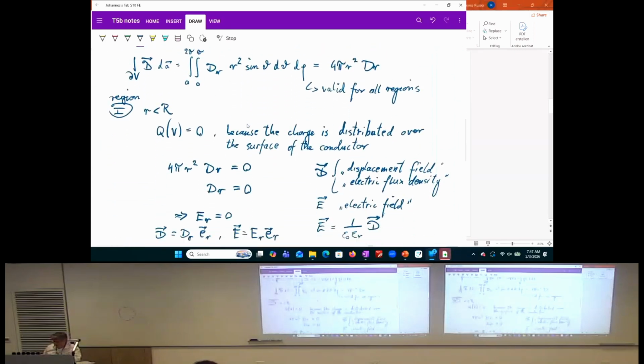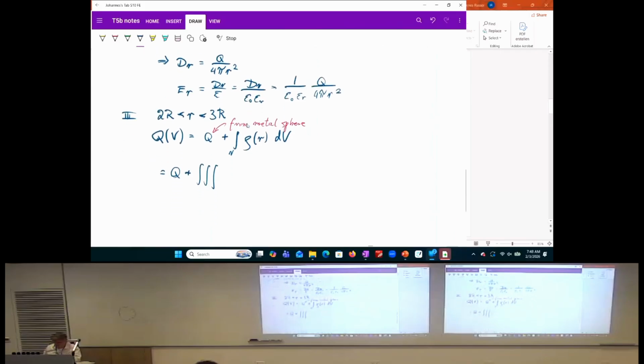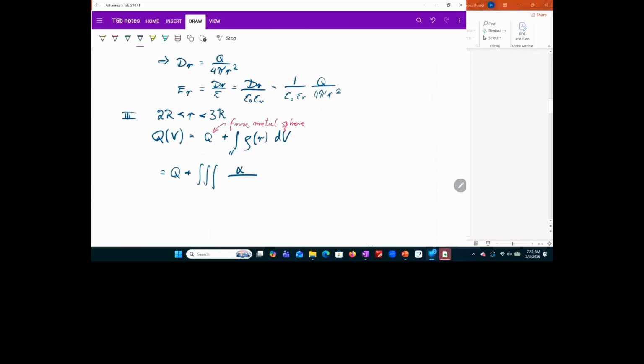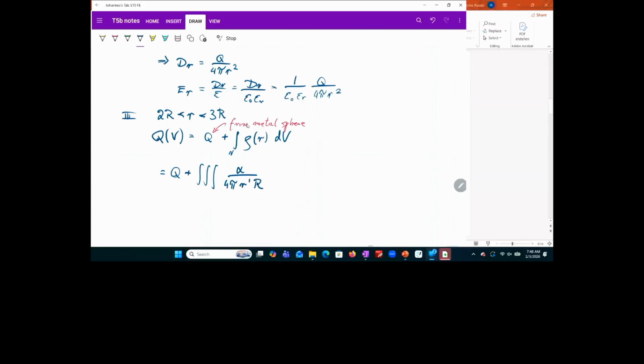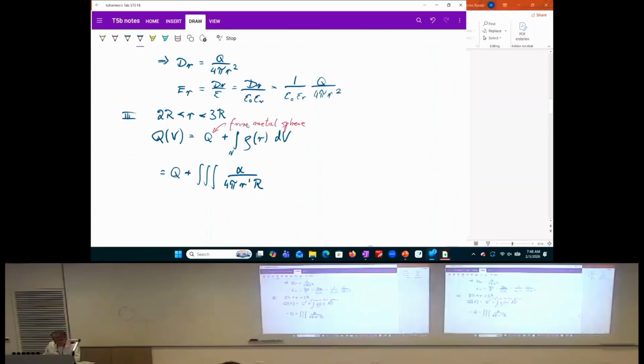So the small r is the running variable. So we integrate now over alpha over 4 pi r prime. I rename this running variable to not confuse it with the boundary of the integral.